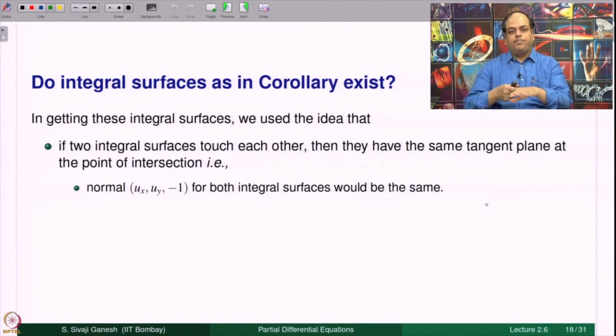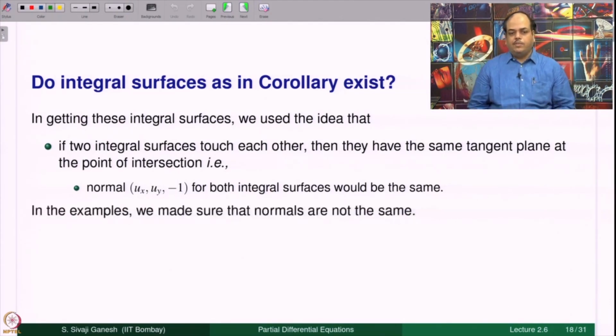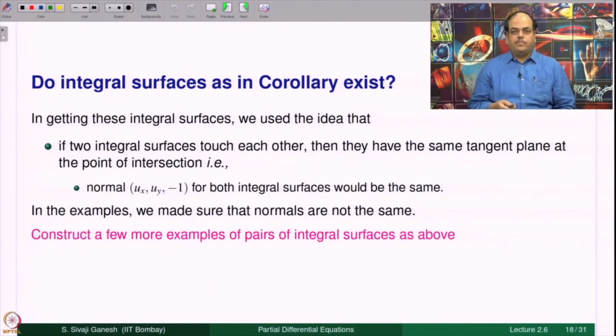We are not insisting that the normal has unit length. Any other normal will be proportional to this. So, in these examples we made sure that normals are not the same, therefore tangent planes will not be the same. That was what was done, and please do a few more examples of pairs of integral surfaces as above.